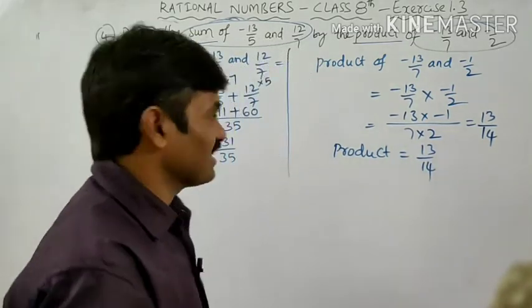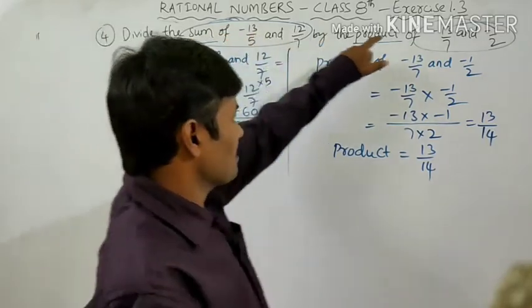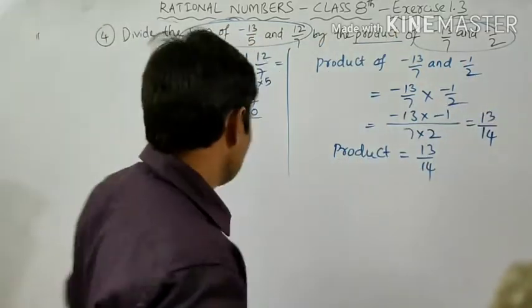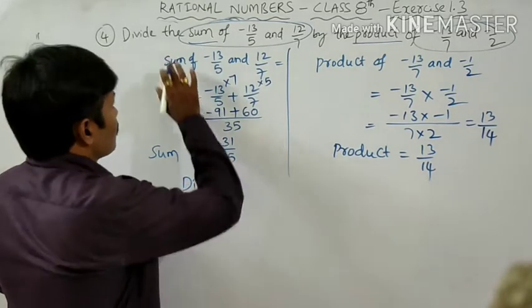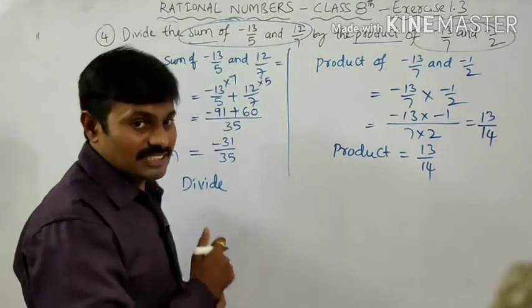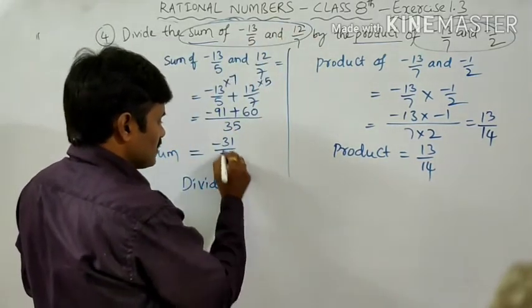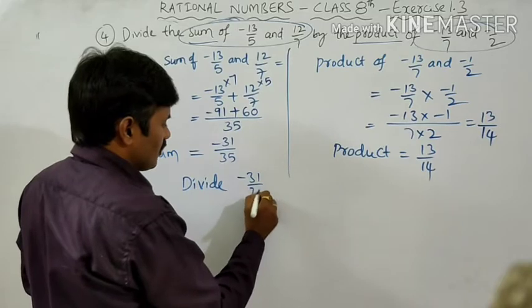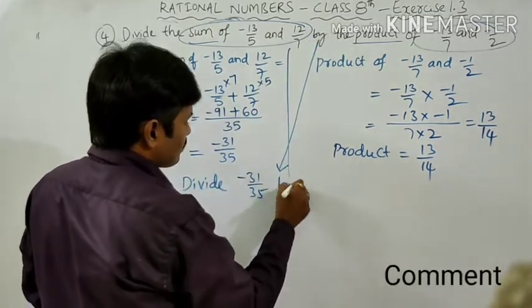Now the question is, see here, a twist. We have to divide the sum of these two rational numbers by the product of these two rational numbers. That means what do I have to do? Divide the sum of these two rational numbers, which is minus 31 by 35, divided by this, written as it is.